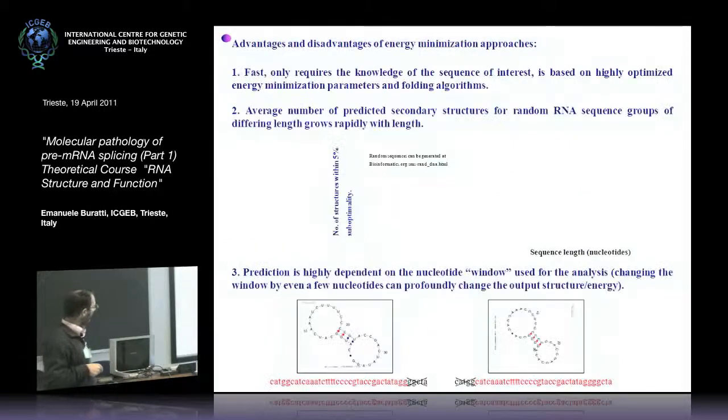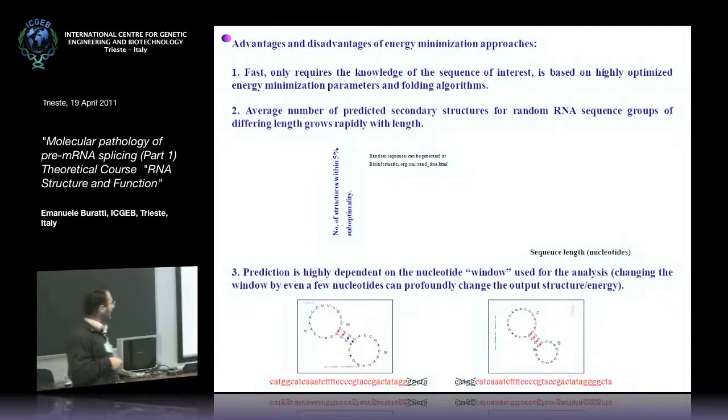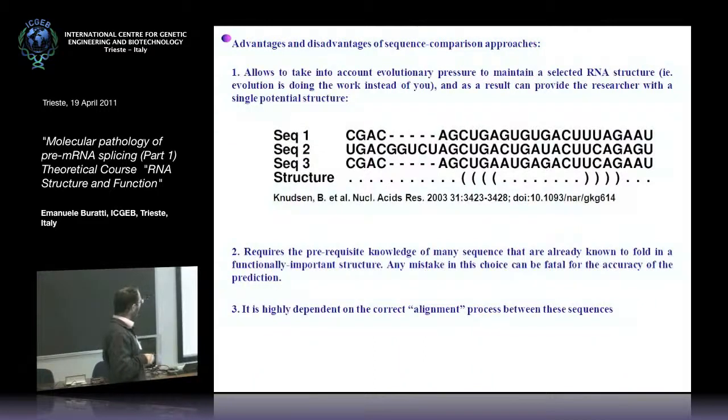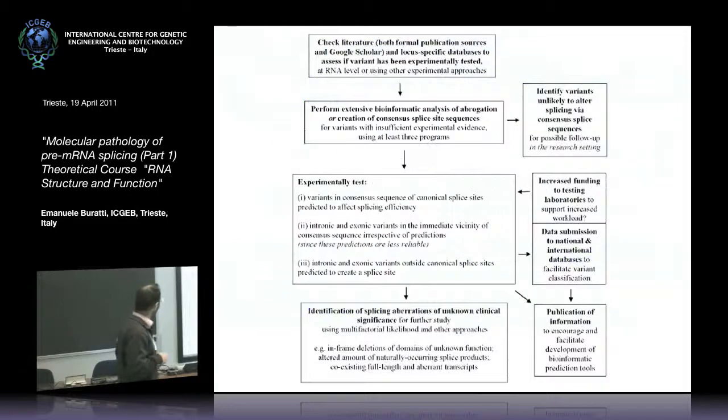As Harry very correctly said yesterday, there are advantages and disadvantages of either approach, but in the end, I must say that it is still very difficult to predict whether your mutation is actually affecting the RNA secondary structure.